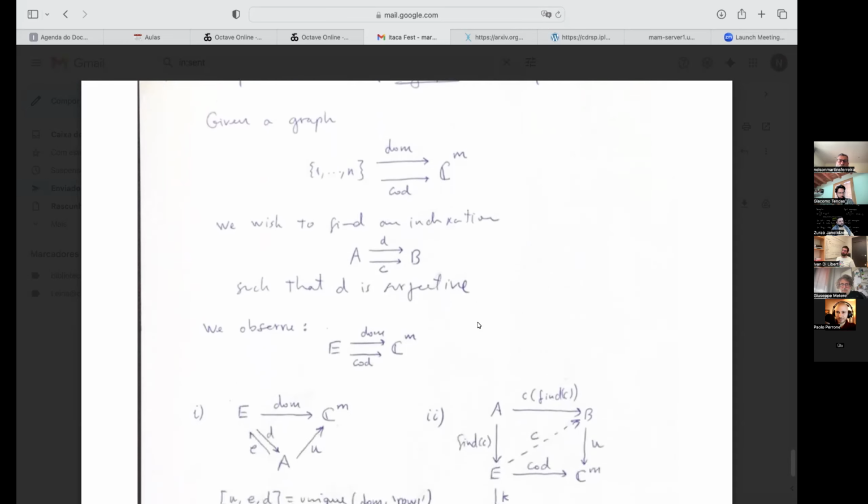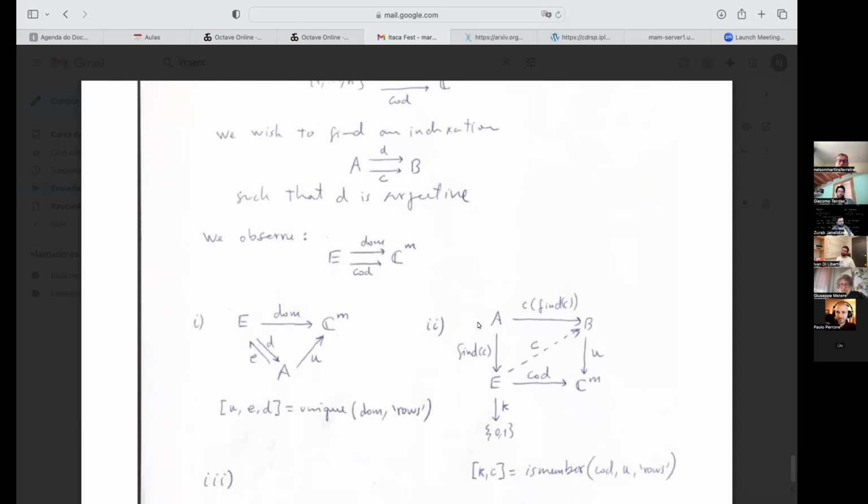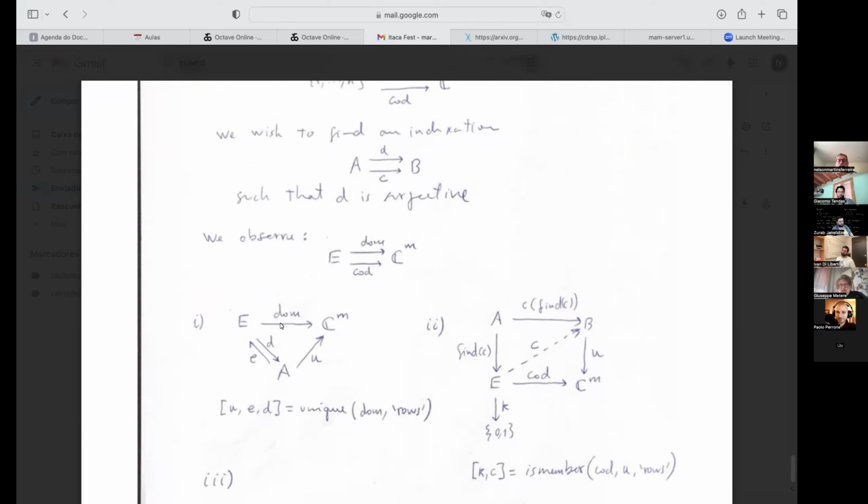And so, using a combination of categorical methods with computational methods, we observe the following procedure. Given these two matrices, we first take unique indexes of the first matrix, the DOM matrix. So we perform this instruction.